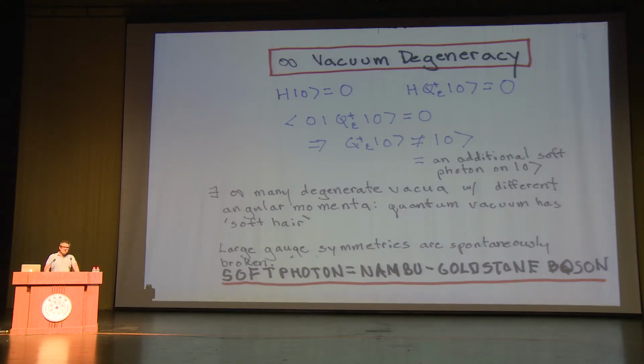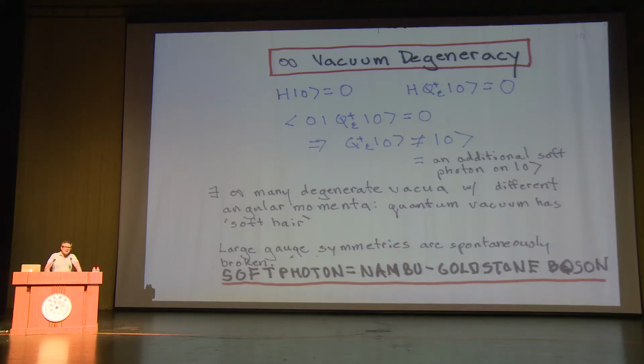So there is an infinite vacuum degeneracy in quantum electrodynamics, in non-abelian gauge theories, and also in gravity. And the symmetry that's generated by Q takes us from one vacuum to another.